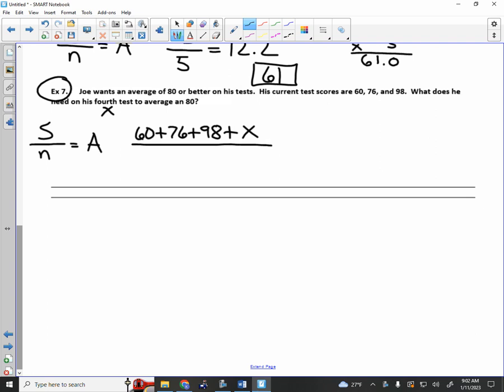Divided by how many tests will he have taken at that point? 4, and that's going to equal 80. So we need to solve that. Now I know that there's a lot of numbers here, but we don't have to worry too much about all those numbers. What's the first step to solving this? What can we do to both sides?